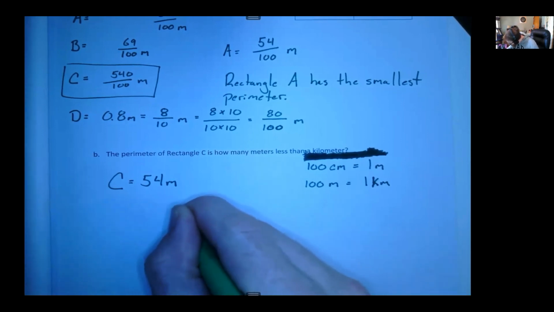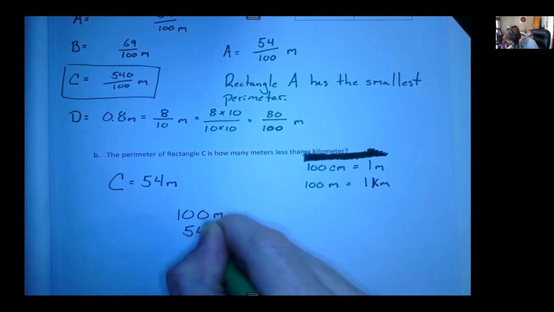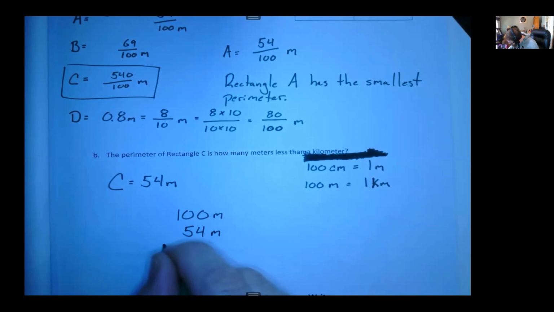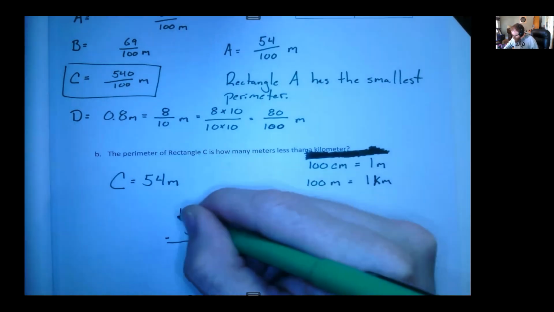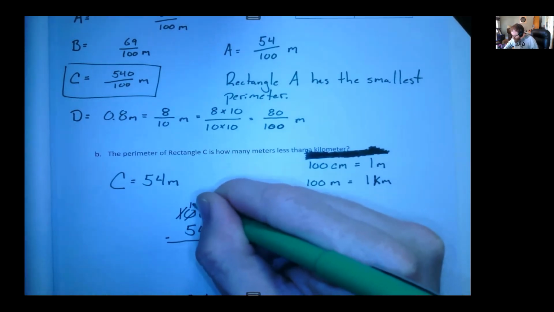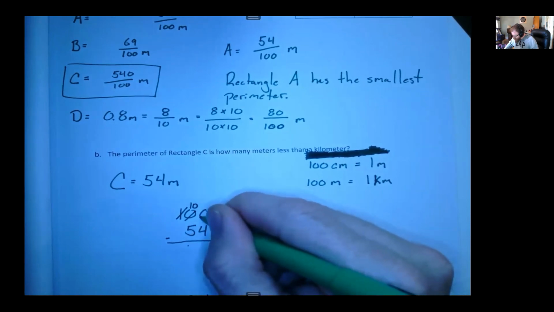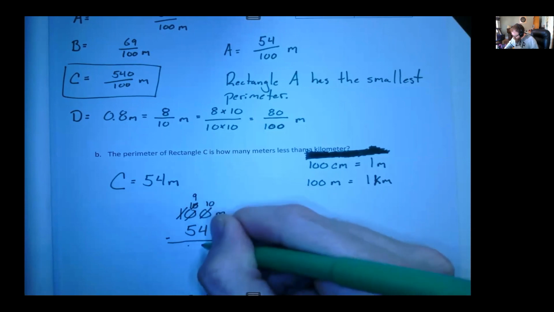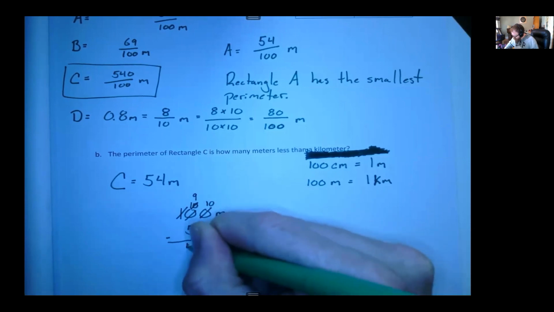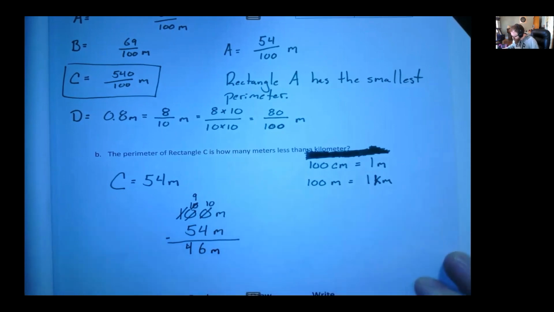It will be 100 meters minus 54 meters. And if we subtract and borrow, we're left with 46 meters.